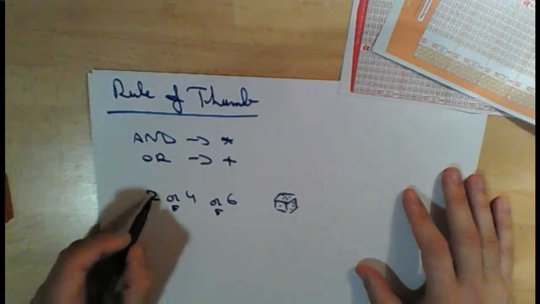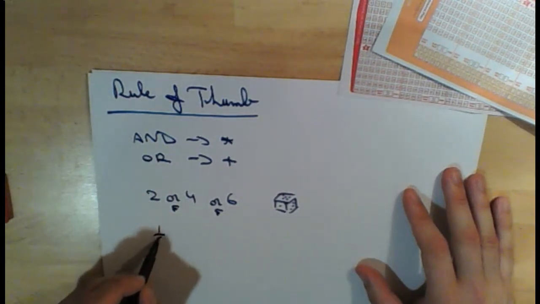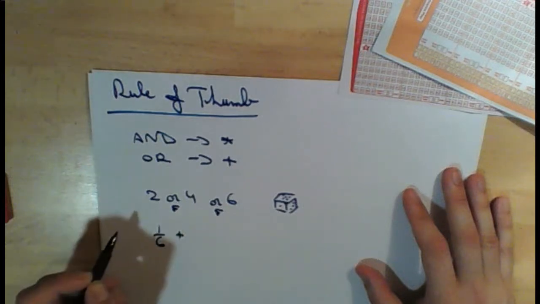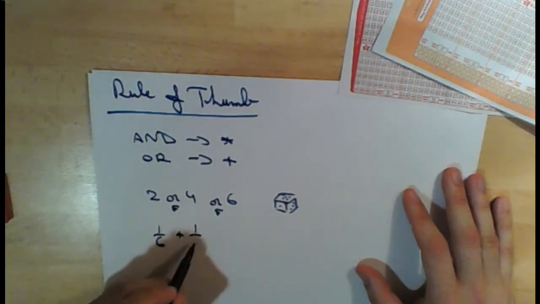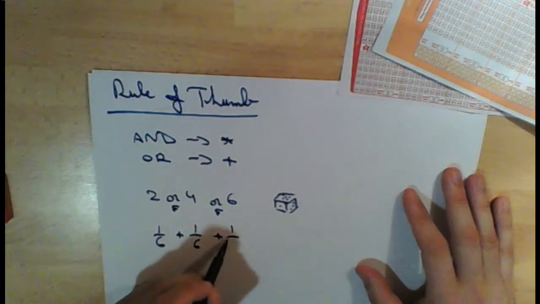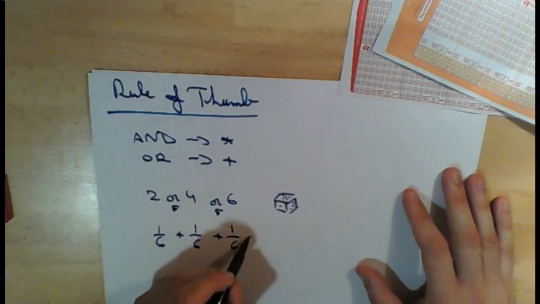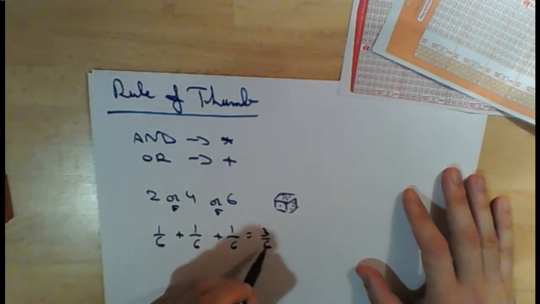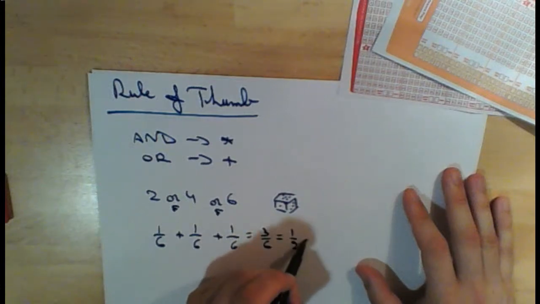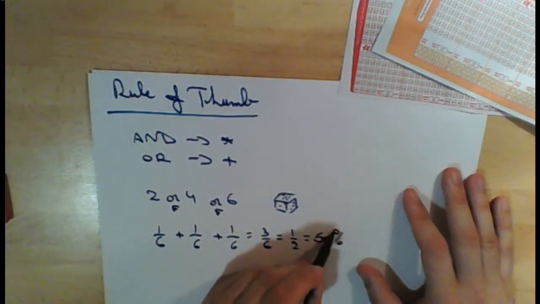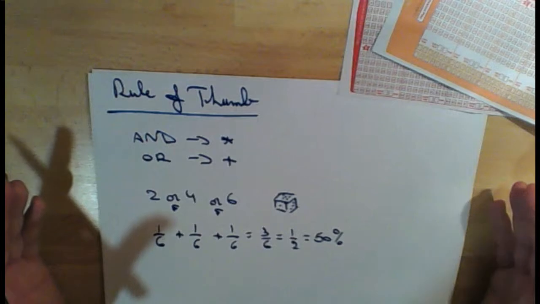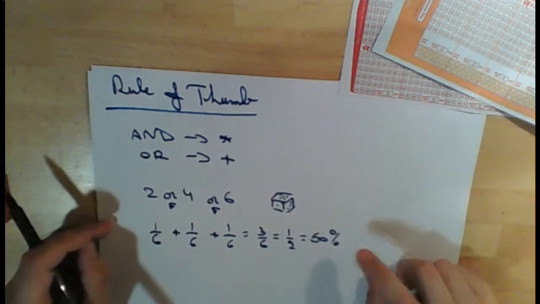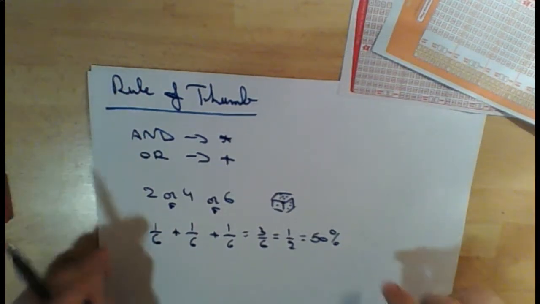My odds of rolling a 2 is 1 over 6, plus my odds of rolling a 4 is 1 over 6, and my odds of rolling a 6 is 1 over 6, which is 3 over 6, which is 1 over 2, which is 50%. My odds of rolling an even number is 50%.